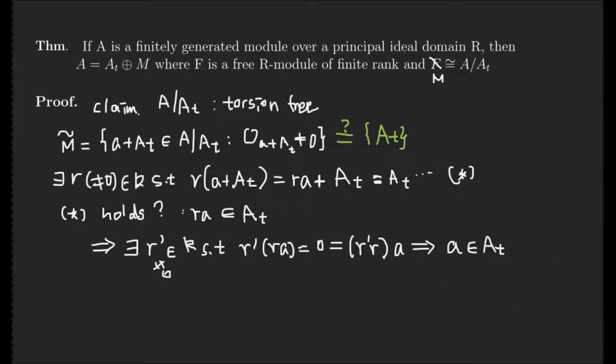Then our proof is finished, because the element a in A is also in AT. We can say a plus AT is just written as AT. So the collection M is in fact indeed AT.